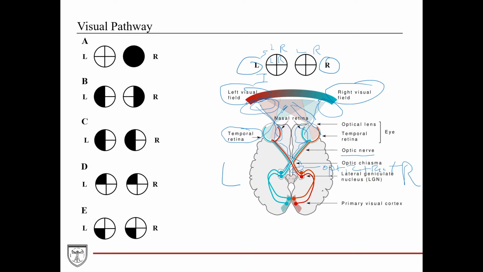And then after you synapse, you split into, and we have a nice diagram that shows this better than me just drawing it, but here you have the optic radiations, which carry inputs from these inferior quadrants, and then you have the Meyer's loop, which carries inputs from the superior quadrants. And so that Meyer's loop travels in the temporal lobe, and the optic radiations travel in the parietal lobe, and then they synapse here in the occipital lobe at the primary visual cortex.